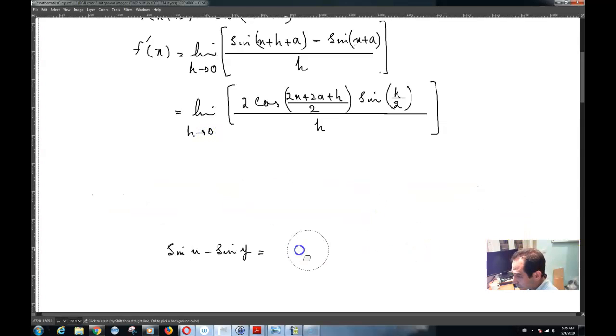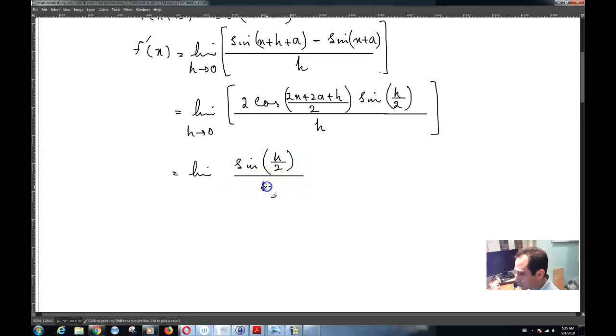Now you can write this as the limit of sine of h divided by 2, divided by h divided by 2, times cos of 2x plus 2a plus h divided by 2, as h tends to 0.